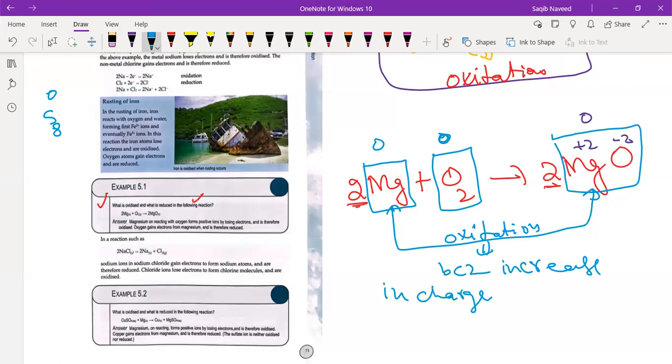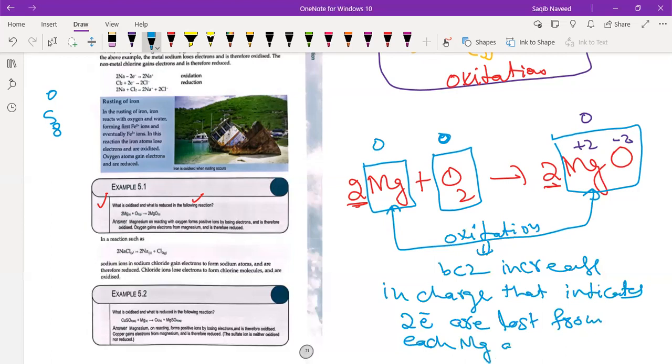That indicates 2 electrons are lost from each Mg atom. That is very important to elaborate, because if you have 2 magnesium, it means a total of 4 electrons have been lost. From 0 to +2, 2 electrons lost by each atom. Got it?